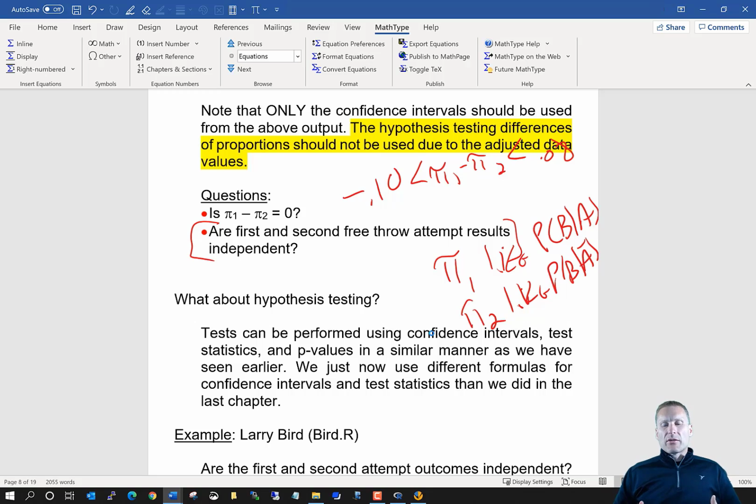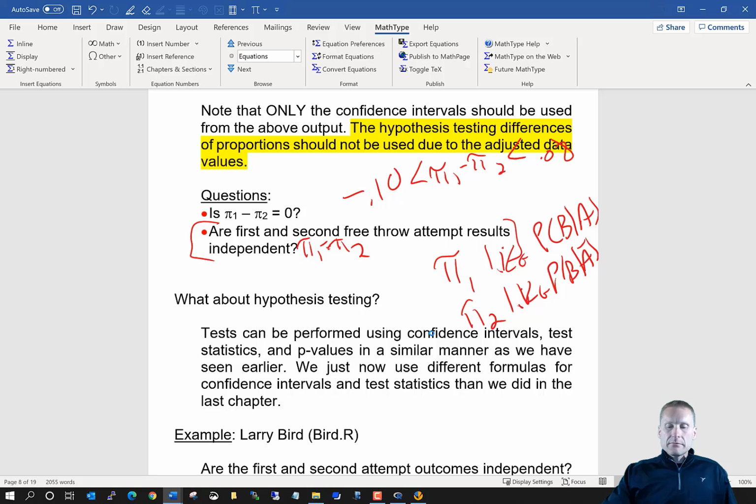And in this particular situation, what we are finding is that pi 1 minus pi 2 could be equal to 0, meaning that pi 1 could be equal to pi 2. So in this particular case, again, we would say they might be independent, but we don't have sufficient evidence to say if it is independent or dependent in this particular case.